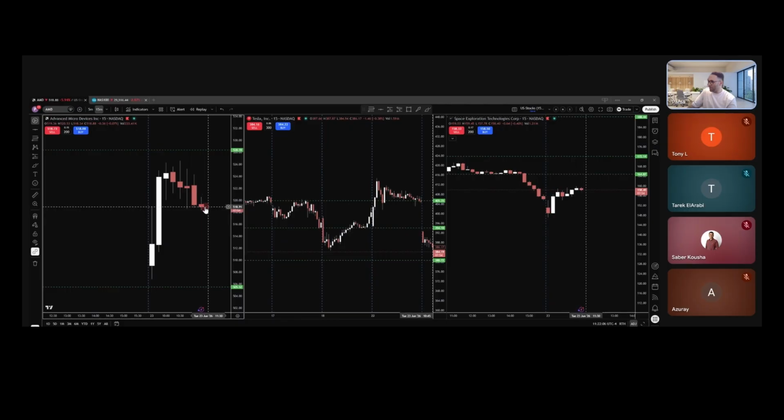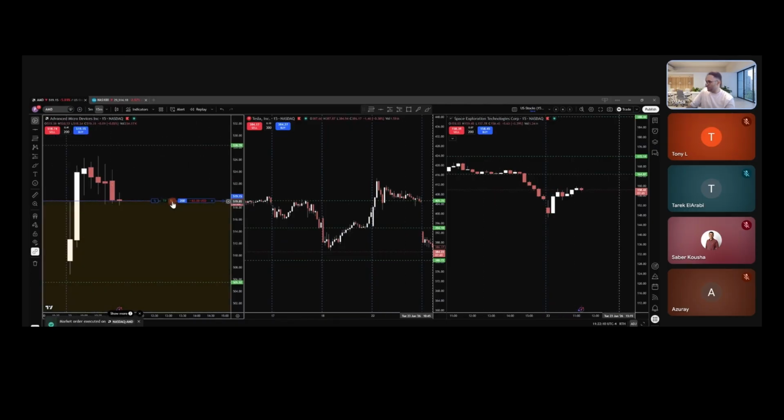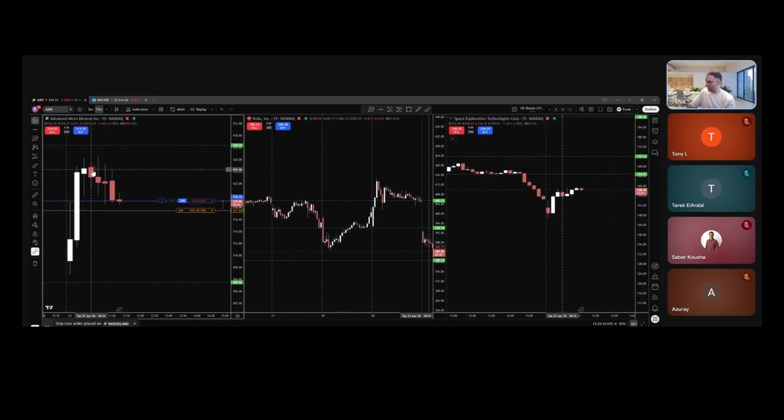Maybe here now we can say we can start a long position here. I'm not sure, it could maybe go all the way down, but it could be like, as we are always talking about, a repeatable pattern here, and it goes all the way up.